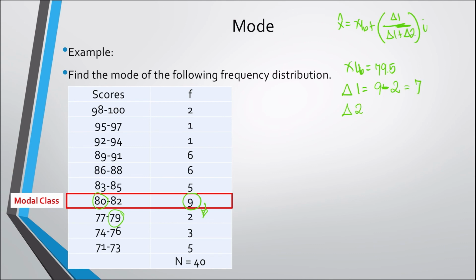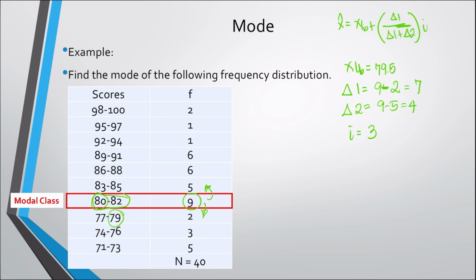At ang difference 2 naman ay imaminus natin yung 9 dun sa taas. Okay? So, 9 minus 5 is equal to 4. Okay. At ang interval, class interval size naman, so ilan ba sa bawat interval? Meron tayong 80, 81 at 82. So, tatlo yon, kaya ang class interval size ay 3.